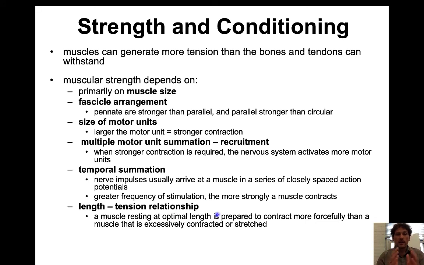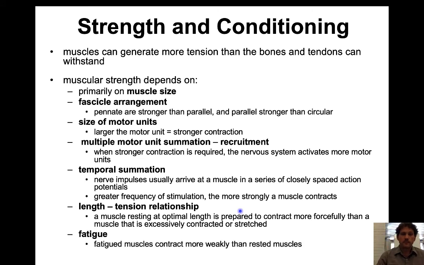Depending on where our sarcomeres are, if they're in that optimal 80 to 120% range, they're going to contract more forcefully than if they're contracted or overstretched. And last is fatigue. If a muscle is already fatigued, it's going to contract more weakly than a muscle that's well rested.